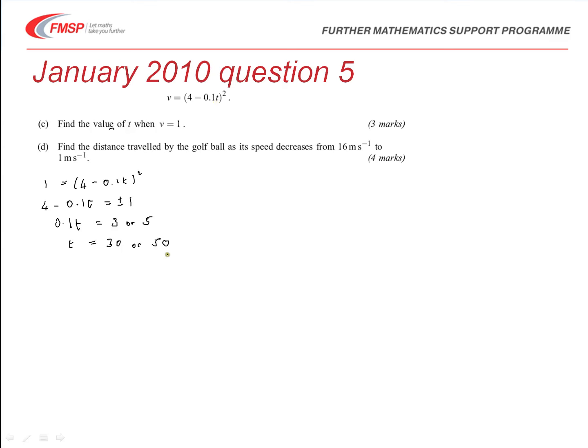So the 50 value is not relevant. So we know that t has to be less than or equal to 40 for v to be positive. So before it comes to rest, that implies that t can only be 30.